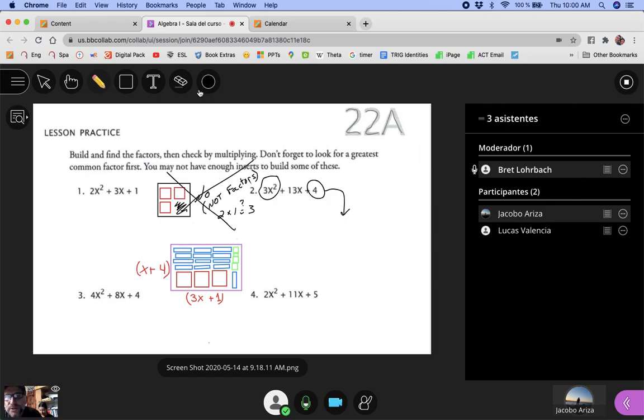The only way you can do it, well, there's 2 ways. For 3, you can do one column of 3, or you can do it like that, or you can do it like this. Those are the only 2 factors of 3. Okay?